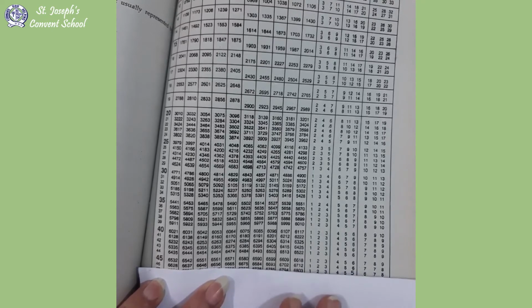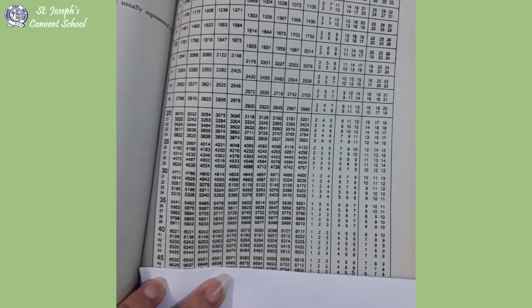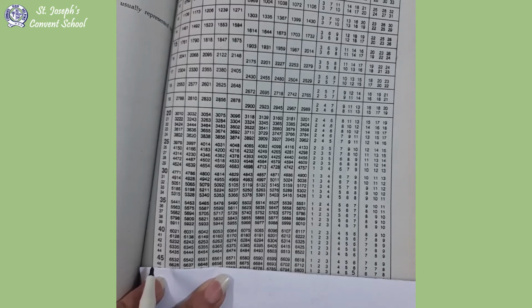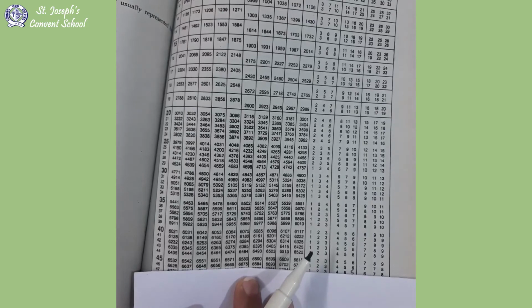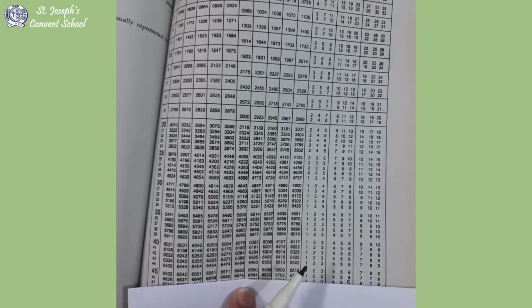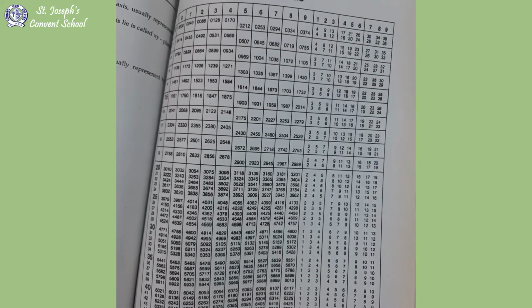So the first two digits you will check in the first column. The first two digits are 46. Now the next digit, the third digit in the question, is 8. You will check 8 in the upper row. Let me show you where.